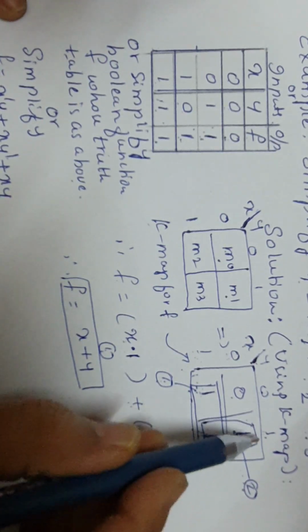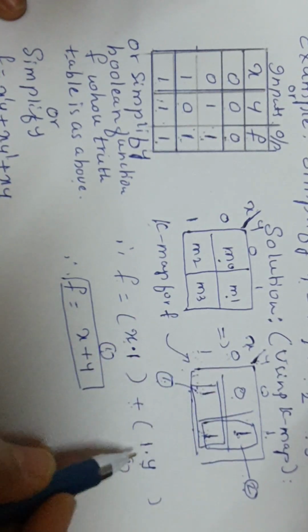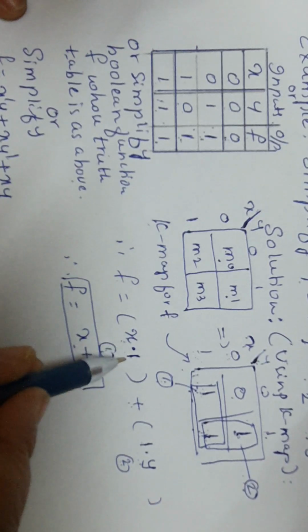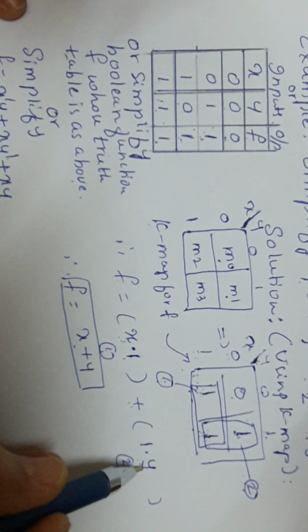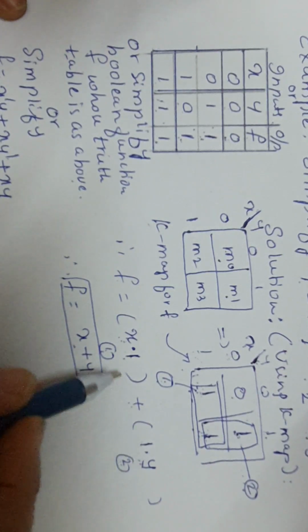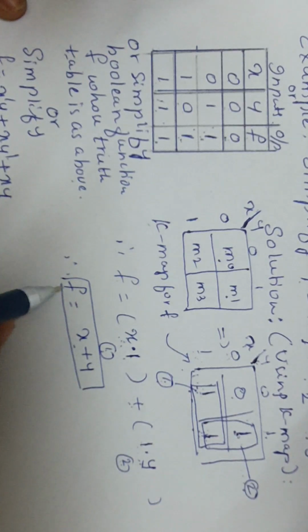Then column wise what is common? This one is common which belongs to y. Hence y we have written. So f equal to x and with 1 means x only, 1 and with y means y only. So you may write these two or not. So we get x or y.